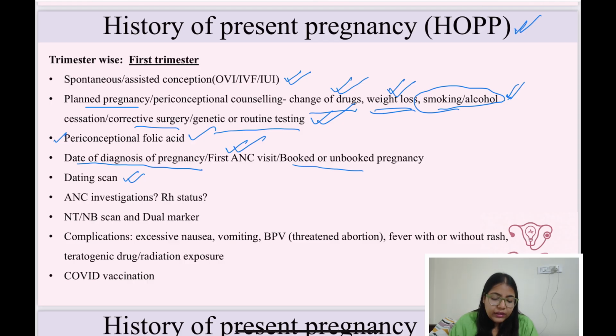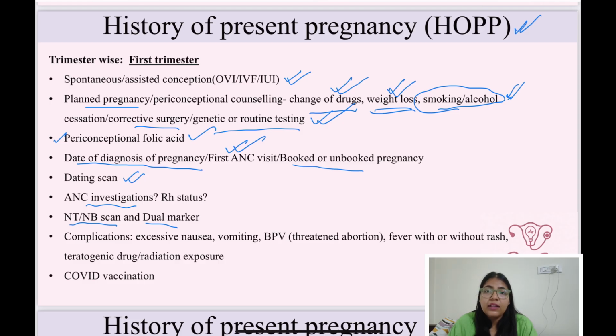Okay. And if any investigations were done, normally in any first visit we write basic antenatal routine investigations, and if that was normal or not, the patient always tells that some reports were done which were normal, so you should be noting that. The patient may not tell NT/NB scan or dual marker, so how to ask?